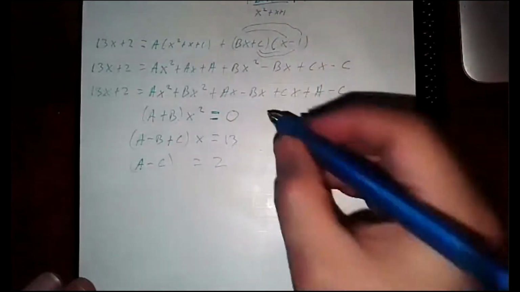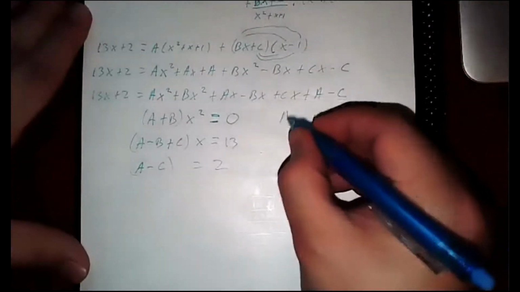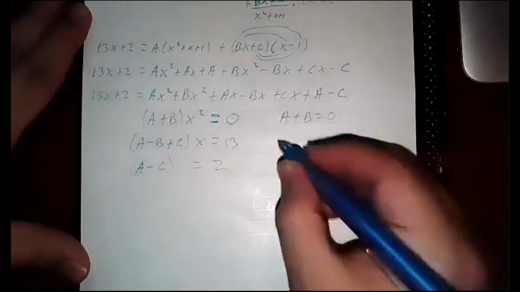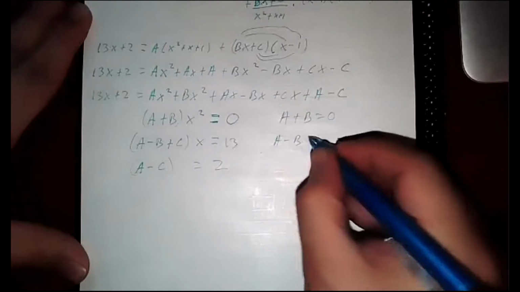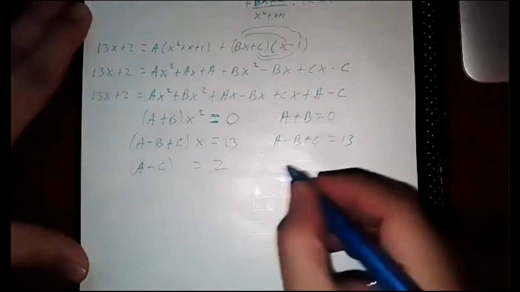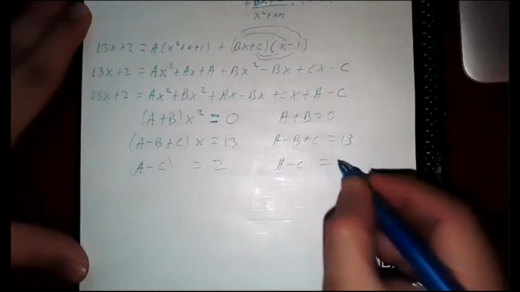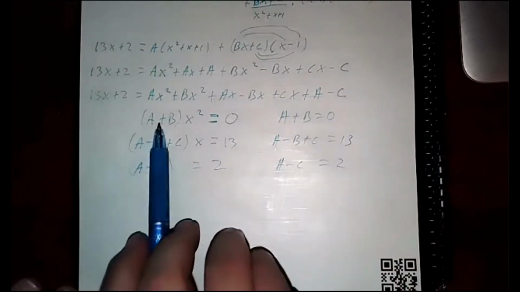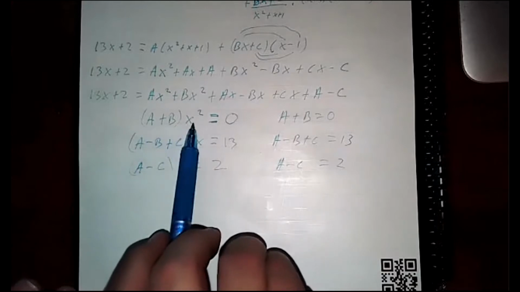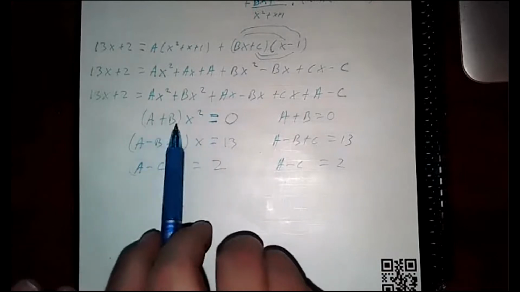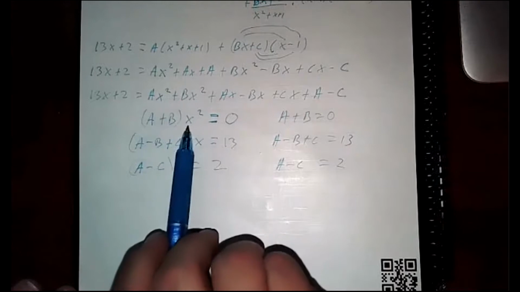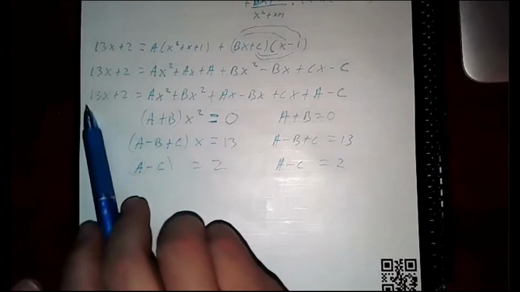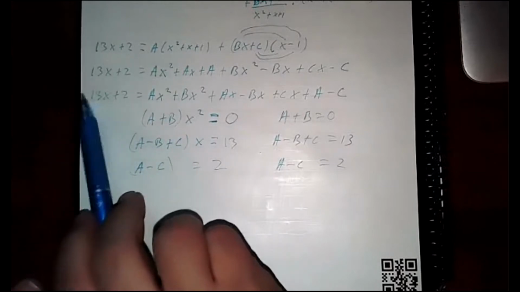Okay. So the system will be a plus b equals 0. A minus b plus c equals 13. A minus c equals 2. So this is the system, but they come about because the coefficient of the x squared on the right-hand side is a plus b, right? If you factor the x squared. So then you look at the left-hand side and say, okay, what is the quadratic coefficient?